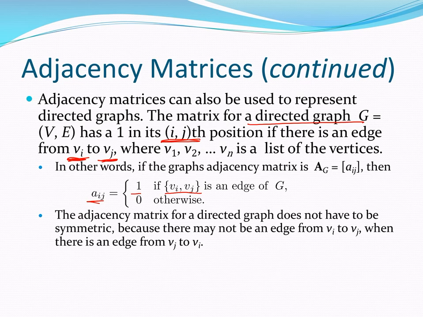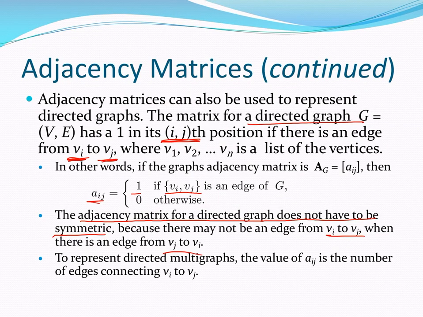But because we have that one-way nature of the edge, the adjacency matrix is usually not symmetric, because just because there's an edge from vi to vj doesn't mean there's one from vj to vi. And if you have a directed multigraph, you can have a multiplicity of edges between the same two vertices, and you would then have a number other than 1 in that case.